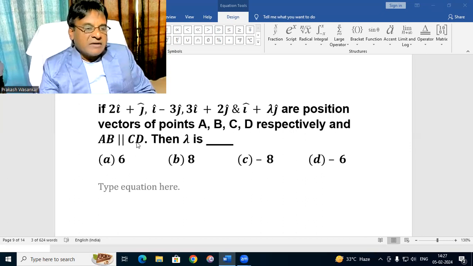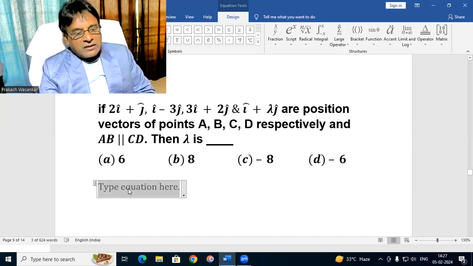Here vector AB and vector CD are parallel. So first we find vector AB.